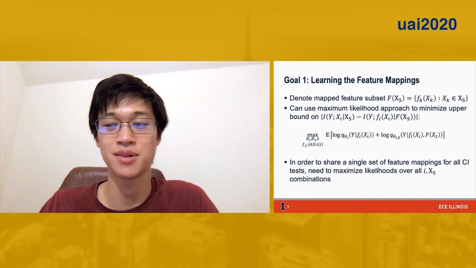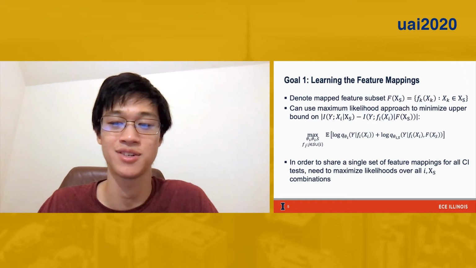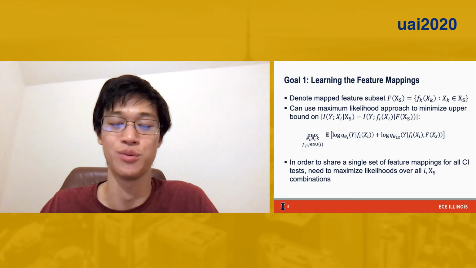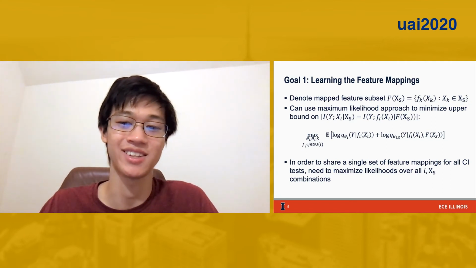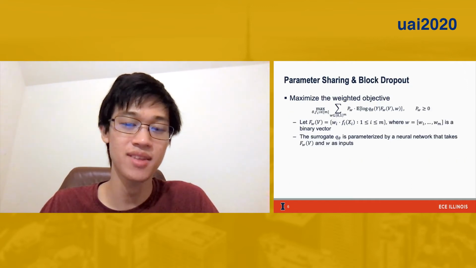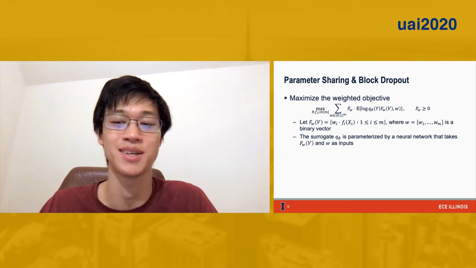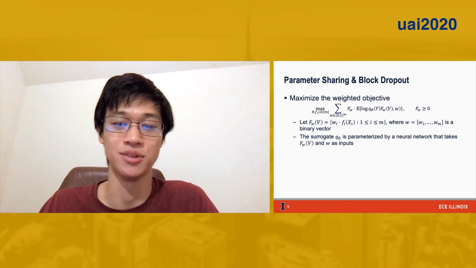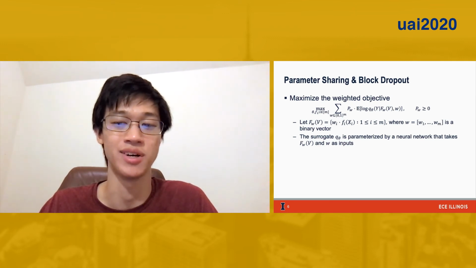However, this optimization objective applies only to a single pair of I and feature subset S. In order to learn a single set of mappings f1 through fm that can be used for all of the CI tests, we need to maximize the likelihoods over all combinations of I and S. In order to do this, we consider a weighted objective over all possible feature subsets, each of which is encoded using a binary vector W, where the ith entry is 1 if the feature is present and 0 otherwise.